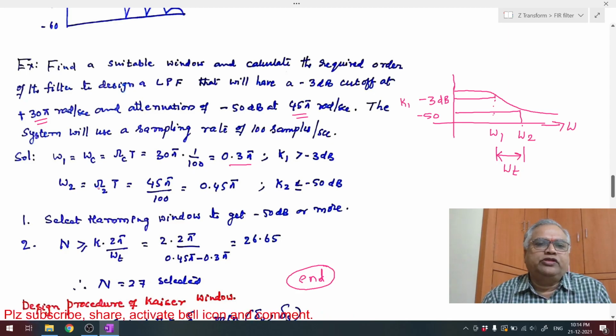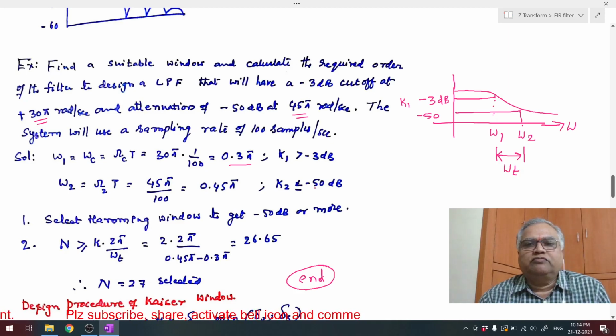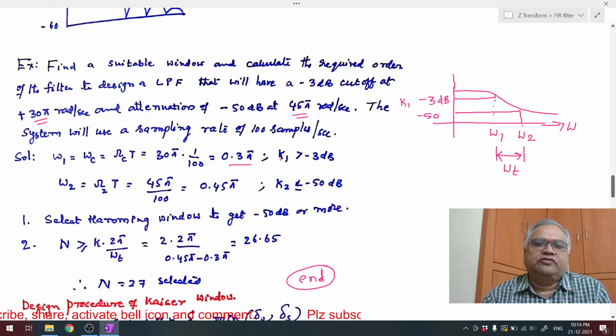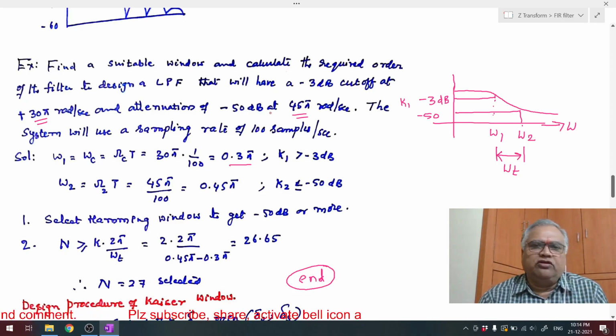Then omega 2 is Ohm 2 times T, 45 pi by 100, which is 0.45 pi. Then K2 is less than or equal to minus 50, K1 greater than minus 3 dB. So K1, K2, omega 1, omega 2 we know. Since the frequency is given in analog, we just change it into the digital domain.